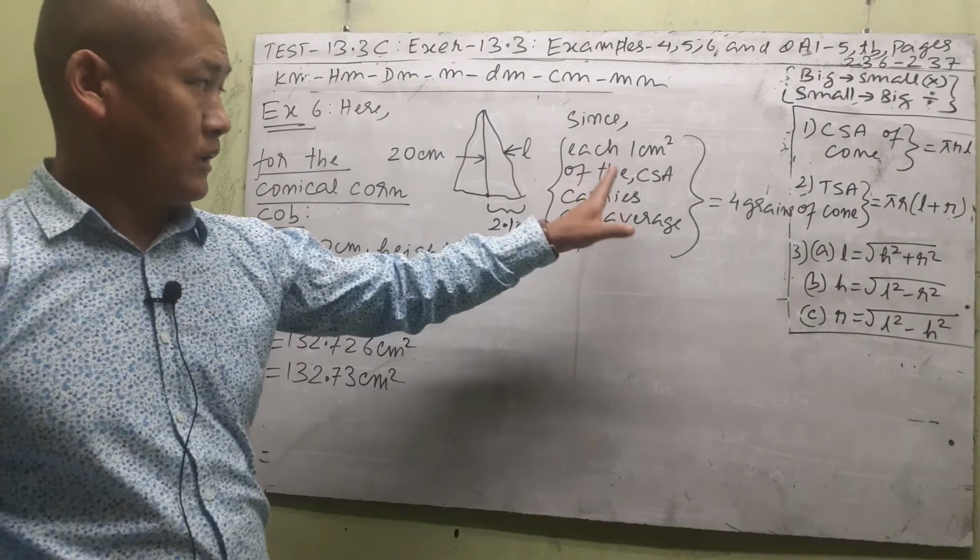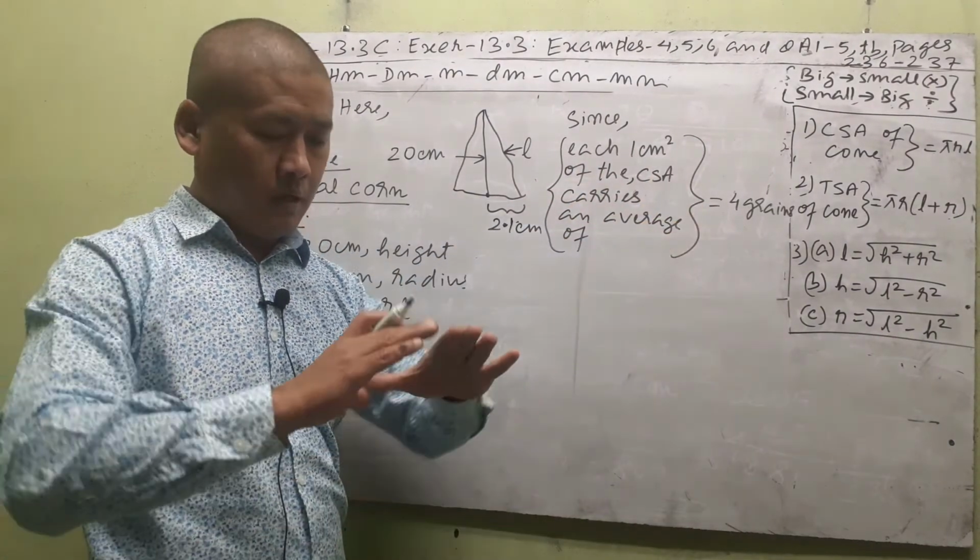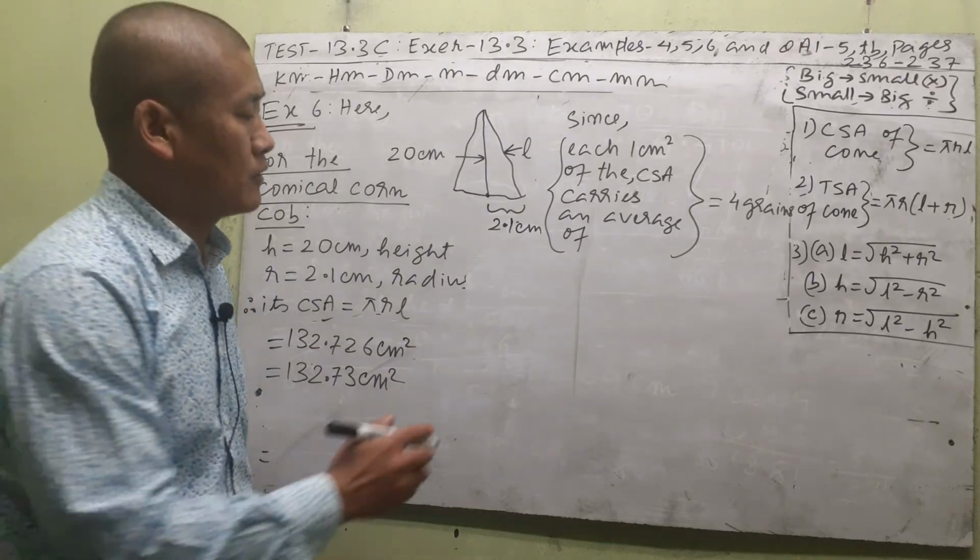So 1 centimeter square of curved surface area is able to accommodate or carry 4 grains of corn.